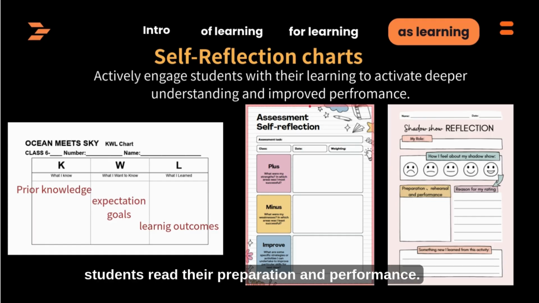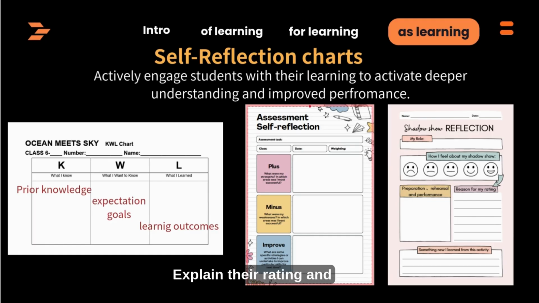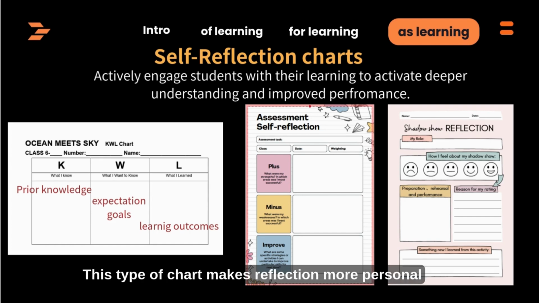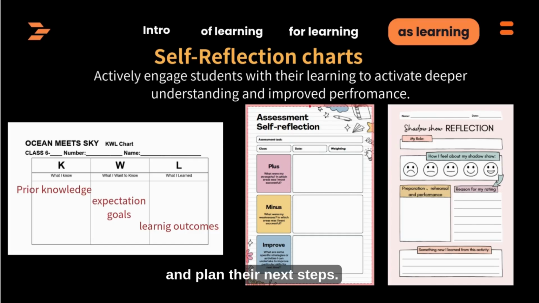In this example, students rate their preparation and performance, explain their rating, and write down something new they learned from the activity. This type of chart makes reflection more personal and connected to specific tasks. Together, these charts give students different ways to reflect, take responsibility for their learning, and plan their next steps.